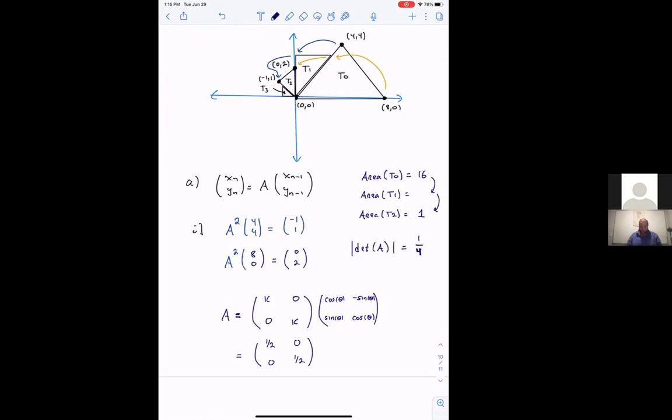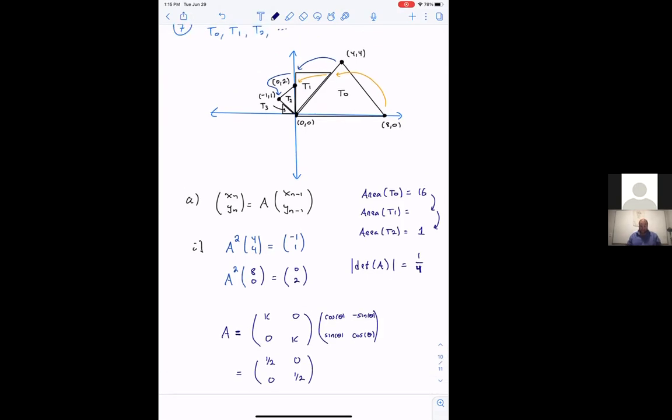Now the question then becomes, what is the angle of rotation? So let's think about it. This angle right here is, if you draw a perpendicular down, then it's an isosceles triangle, which means this is 45 degrees because it's 4 to the right and 4 up, 45 degrees.